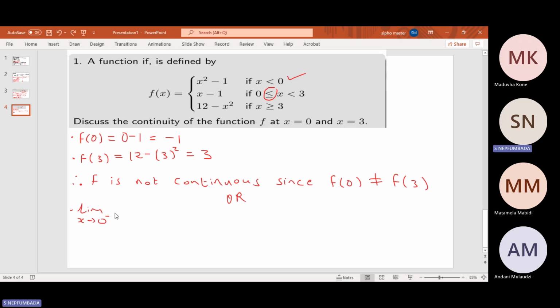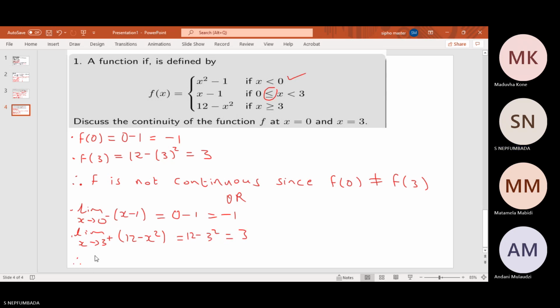From the left, the function x minus 1 is equal to 0 minus 1, which is equal to minus 1. And again, we've got the limit of x approaching 3 from the right of the function 12 minus x squared, which is nothing but 12 minus 3 to the power of 2, which is 3.